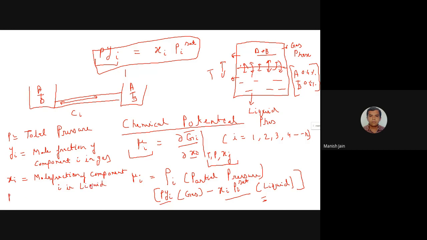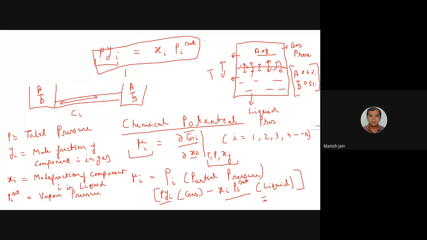Pi sat is the vapor pressure. So this quantity represents the equilibrium inside the liquid-gas system.